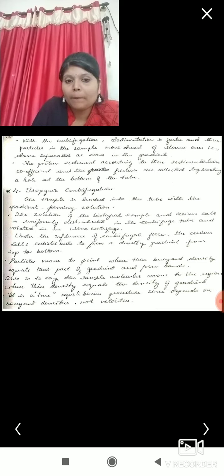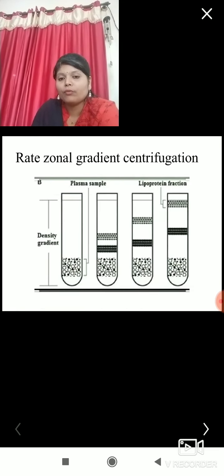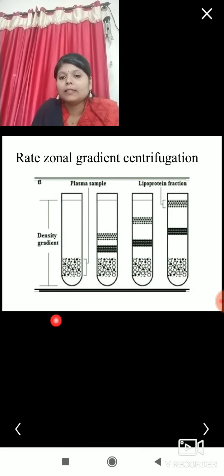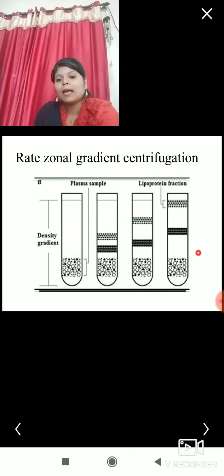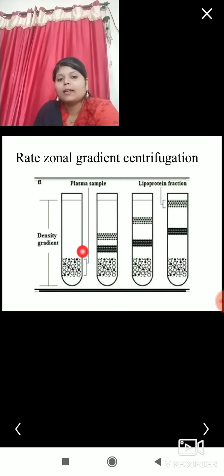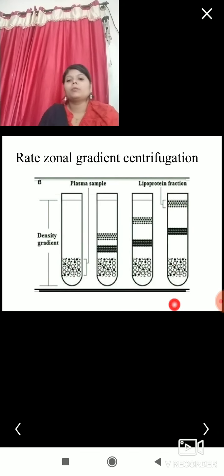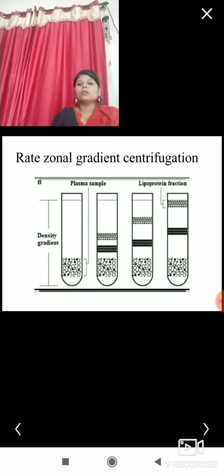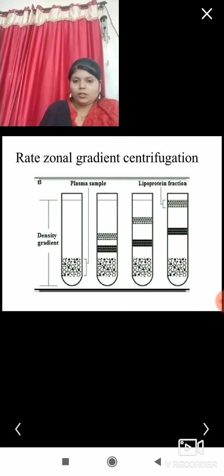By the end of the centrifugation you could find zones of molecules being formed, and here you could see that there is a density gradient. As time passes you could find that there is a complete separation of the molecules. Slowly they are getting into different rate zonal gradient regions.